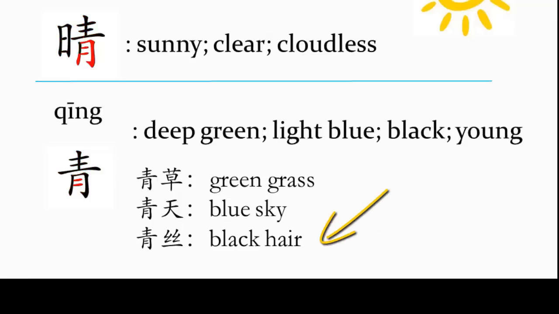The last 词 丝 means silk. 青丝 is used to describe a young woman who has black hair as smooth as silk. So when we hear a girl has 一头青丝, that doesn't mean she has blue hair or green hair. She has black hair.